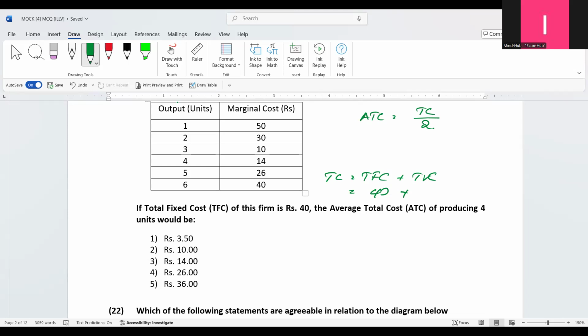Then 3 units, another 10 is added, 90. Then 4 units, another 14 is added, 104. So total cost is 144. So 144 divided by 4.